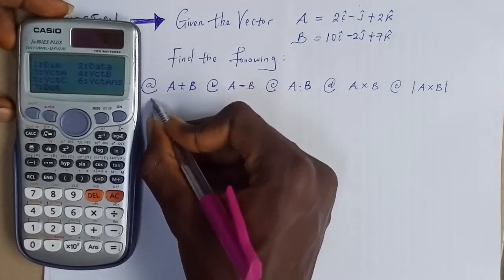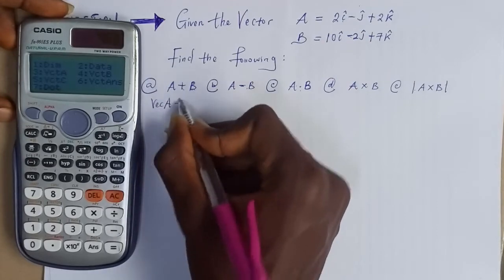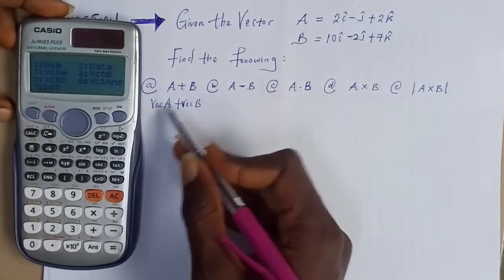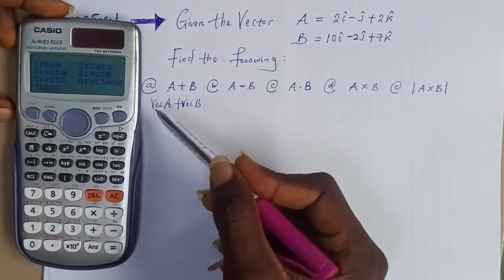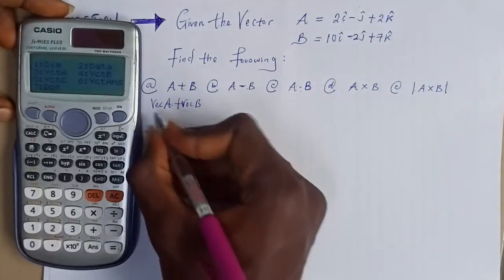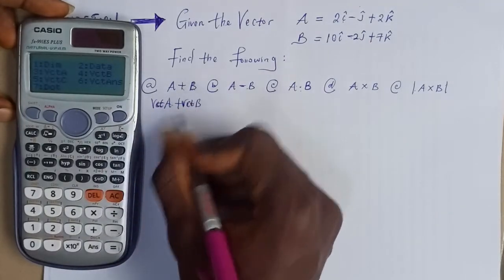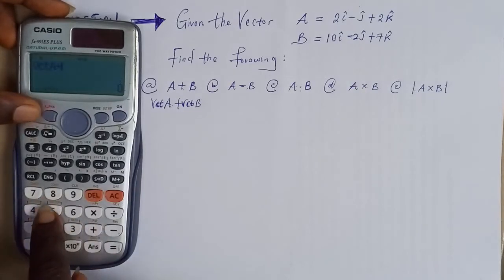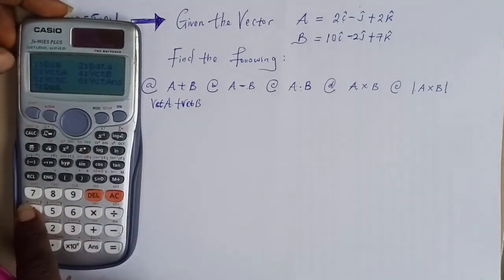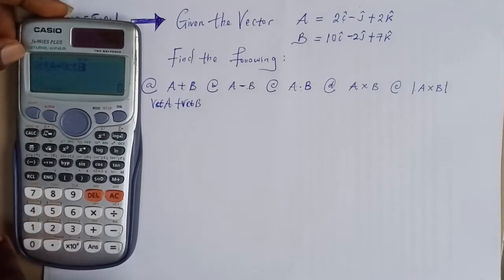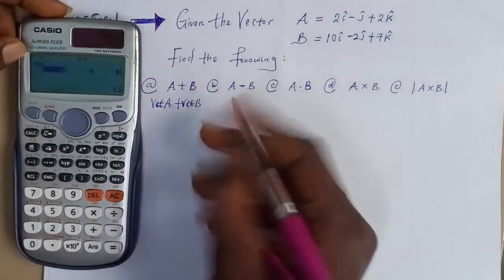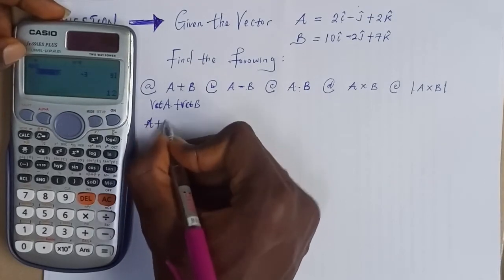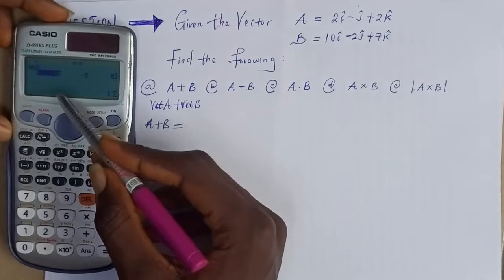The only thing you could write on the calculator is just vec A plus vec B, which implies vector A plus vector B. So the VCT, the vector A is what you are seeing on number 3, plus shift and 5 again, so that you'll be able to display the one for the second vector, which is vect B. Do you see that? So by the time you press equal to, we will end up having our final answer, A plus B, the result gives us what you are seeing here.